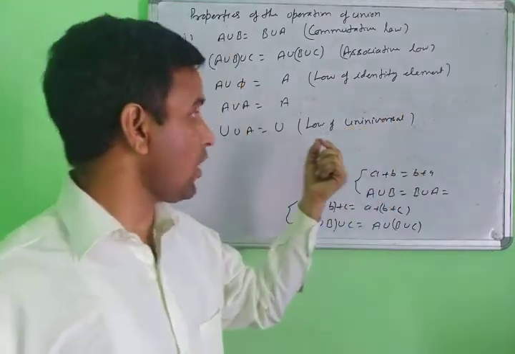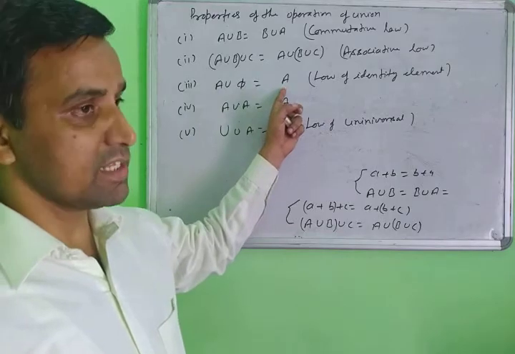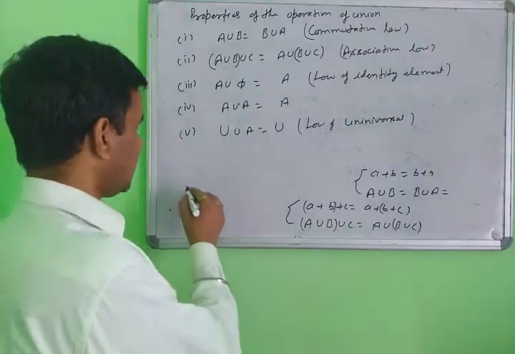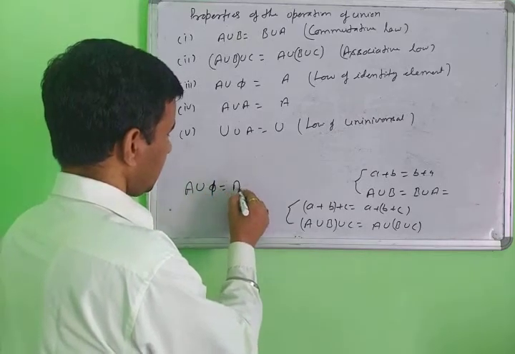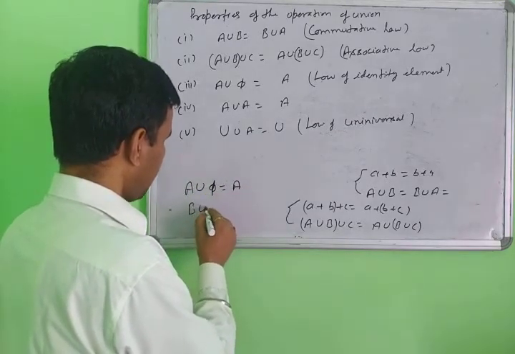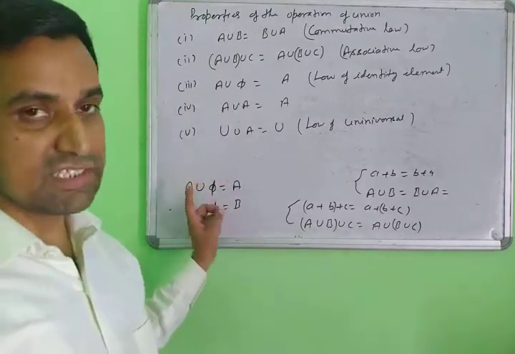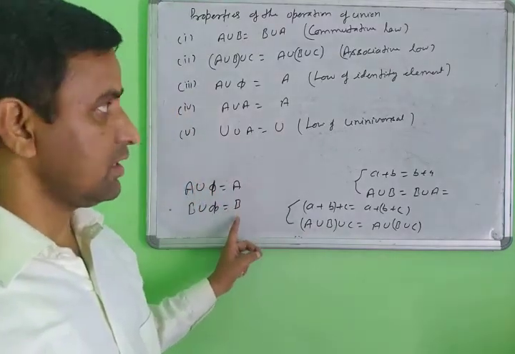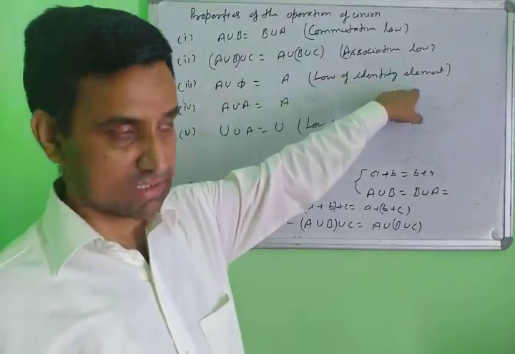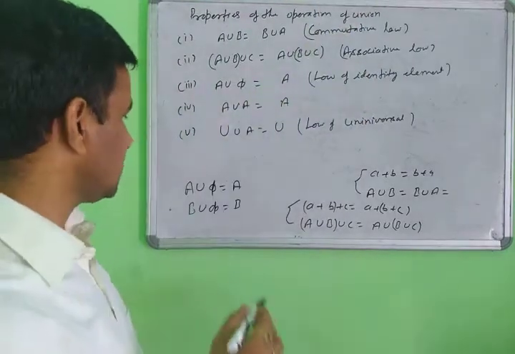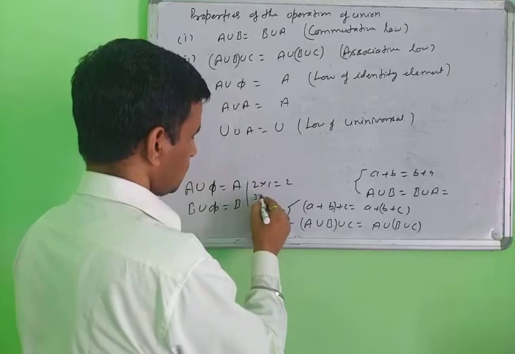So when you add phi to any set, you get the same set. Suppose A union phi, then you get A. Suppose B union phi, then you get B. Phi is the subset of every set, so you will obtain the same set. This is called the law of identity elements. Same thing here: when you multiply 2 into 1, you get 2. 3 into 1, you get 3.